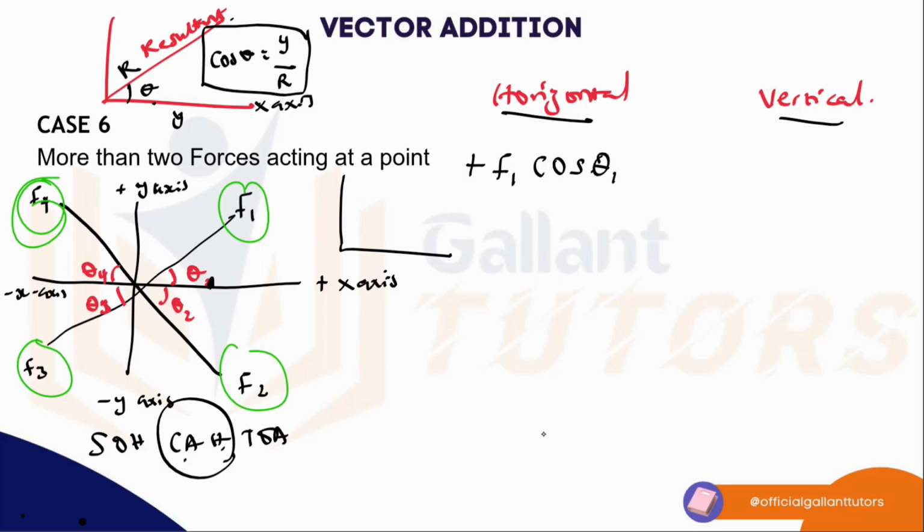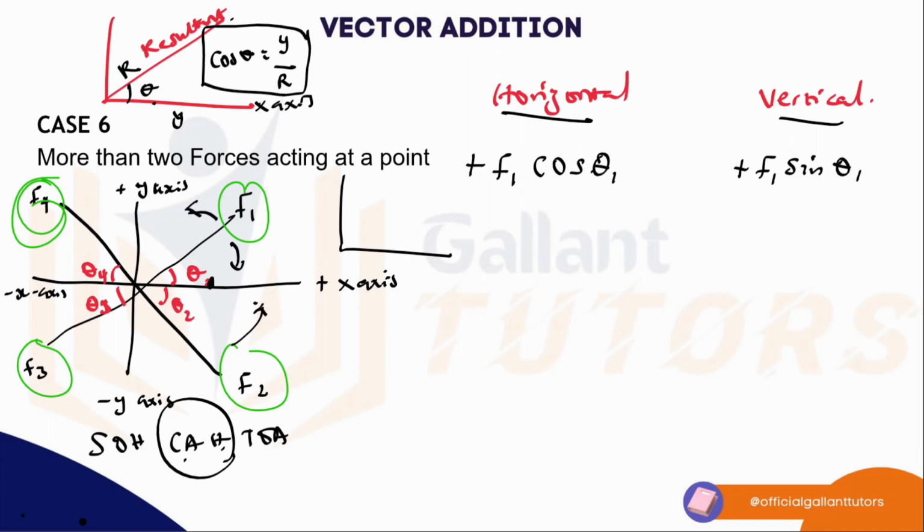That's for f1. Now if I want to resolve it to the vertical, just plus f1 sine theta 1. Exactly. Good.